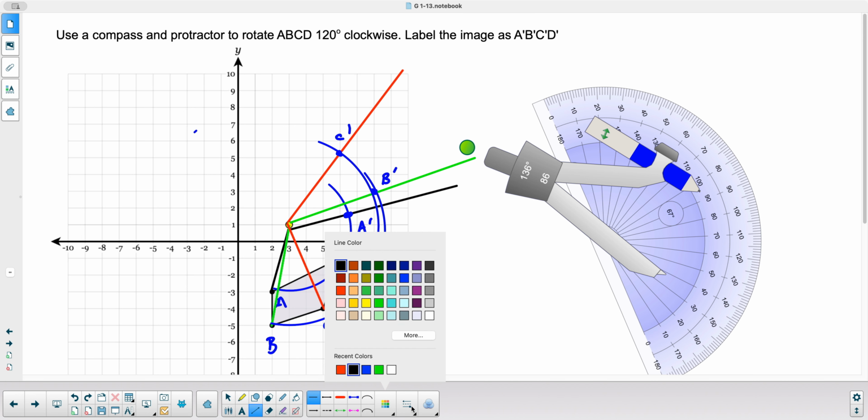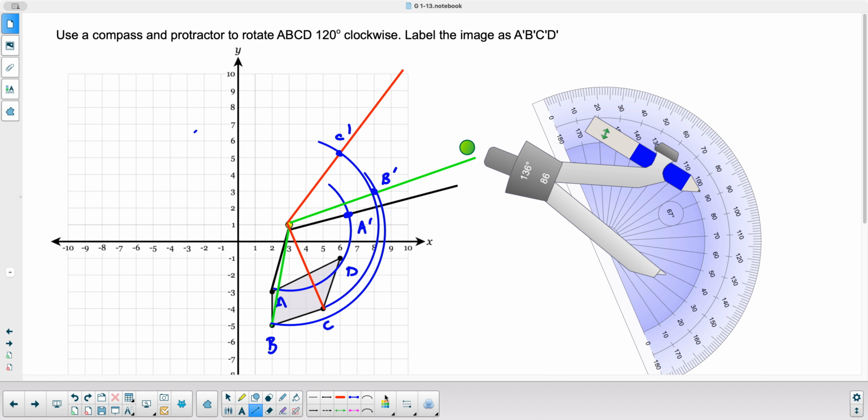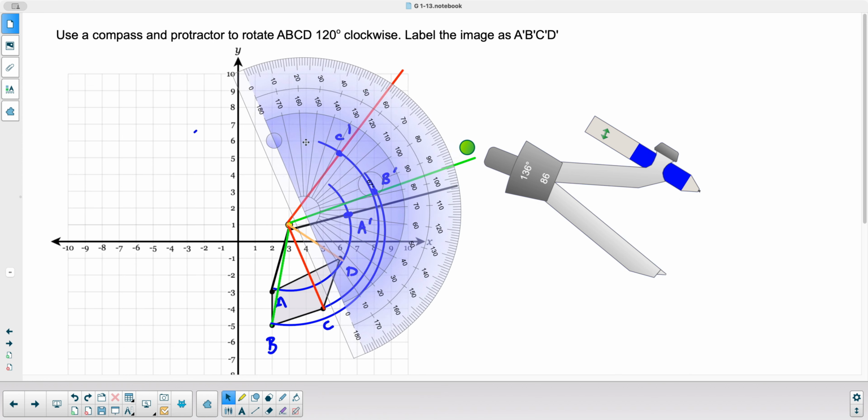Maybe use, I don't know, maybe what color am I used? Orange. So D to there. Let's measure that angle.